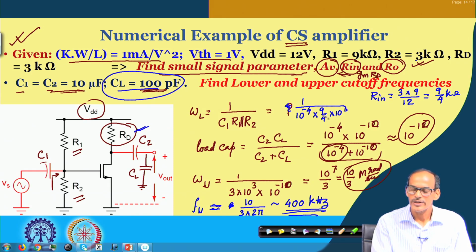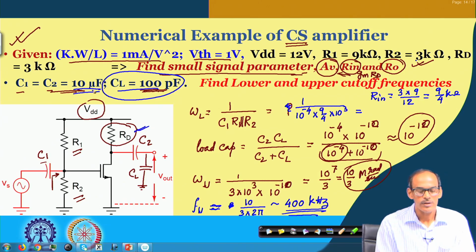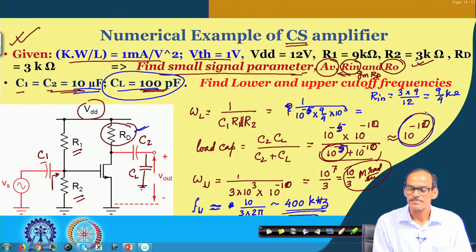And so, that gives us how much? No, this is what we said, is it 10 microfarad, sorry, this will be 10 to the power minus 5, earlier we have written minus 4, anyway this approximation is valid.